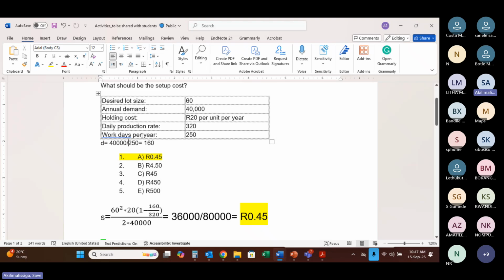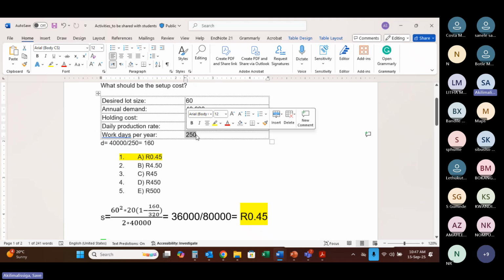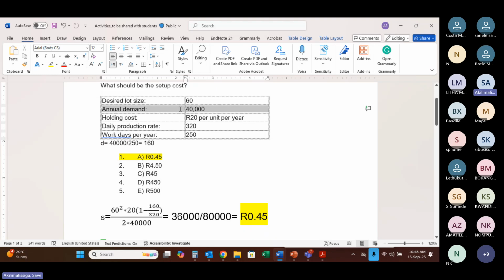So this 40,000 units is provided to the customer in a period of 250 days, because 250 is the number of days that the company is open for business. So in 250 days, this company can supply 40,000 units.